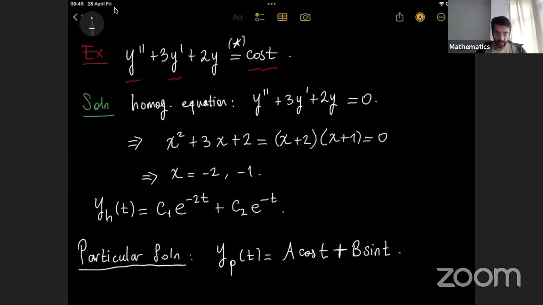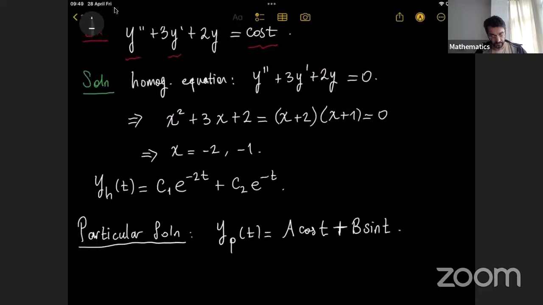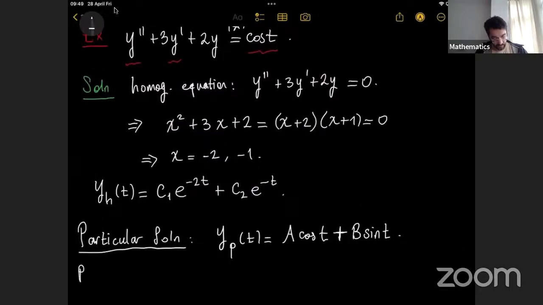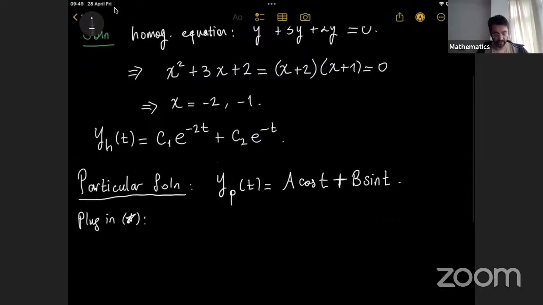Let's try this one. We will plug this into star and let's see what we get. What's the equation? Second derivative and first derivative. Maybe before we plug in, let's find the derivatives first.